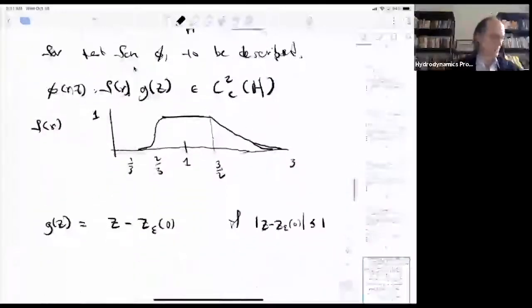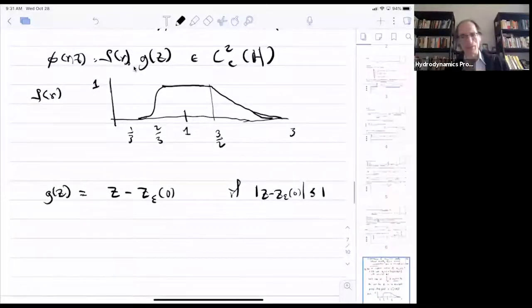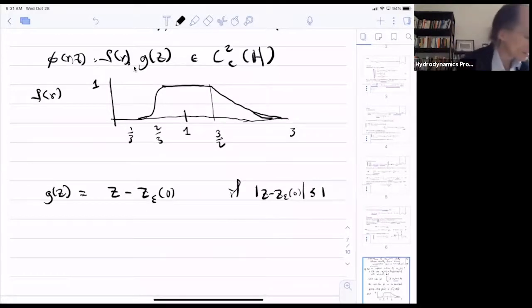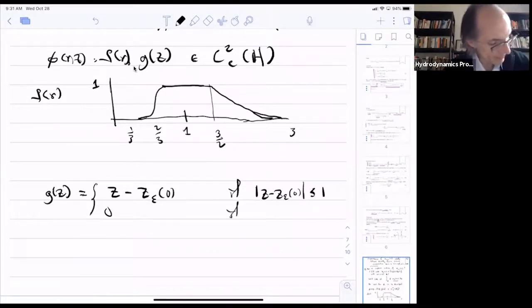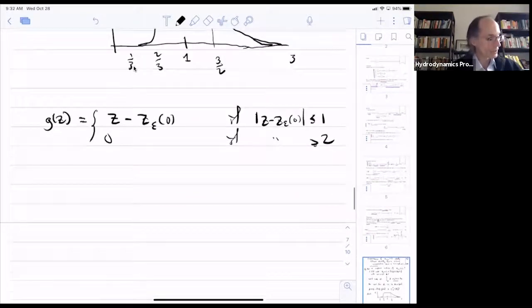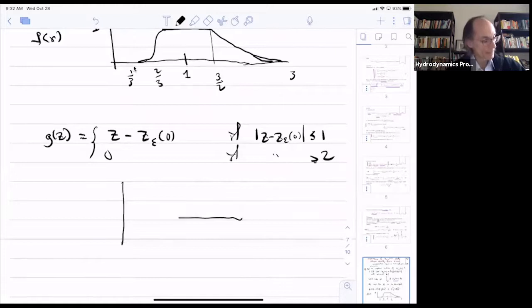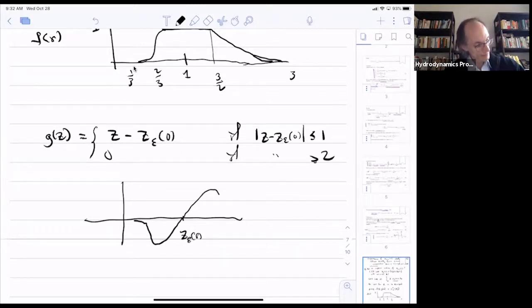But I need compact support. And so let's say for now, I'm only interested in an interval of length 2 centered at this point, and 0 if this is bigger than 2, and it will look like this. Okay, and so as long as I haven't moved too far from my initial position, this will tell me what the new position is. It'll tell me how far I moved.